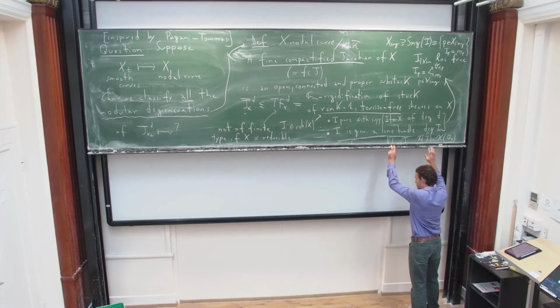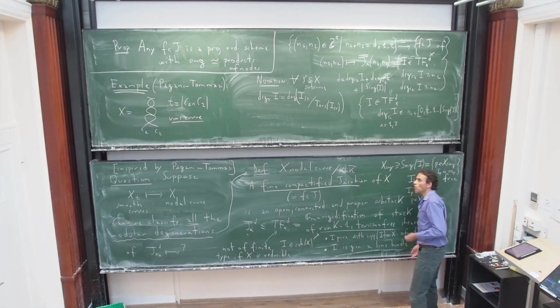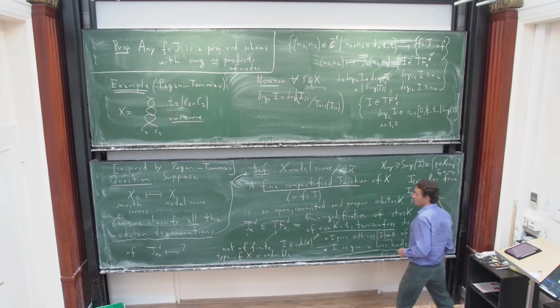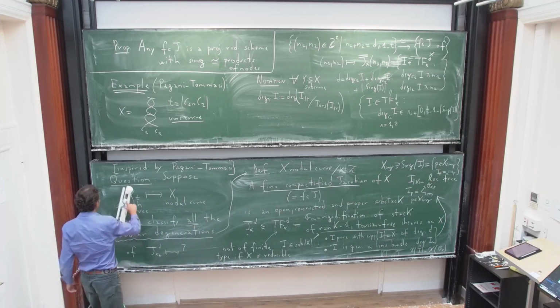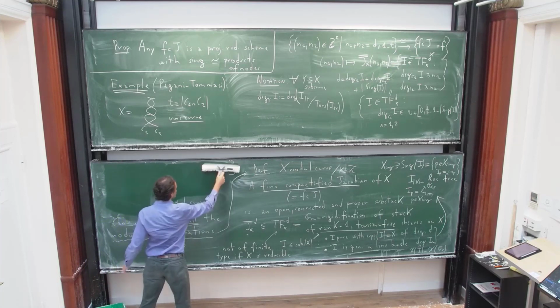Okay, so this is a classification of qualified compactified Jacobians, and actually all of them arise as limits of Jacobians of smooth curves degenerating to the given curve. You can prove this by induction on the number of nodes.